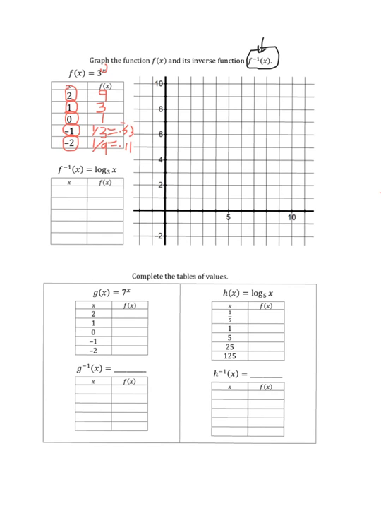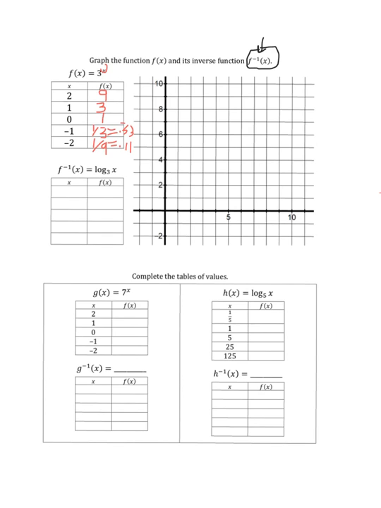Let's go ahead and graph these 5 points on the graph. The first point is 2, 9.